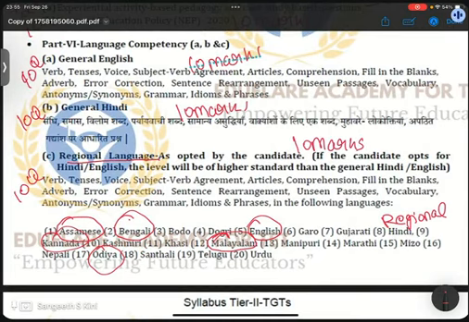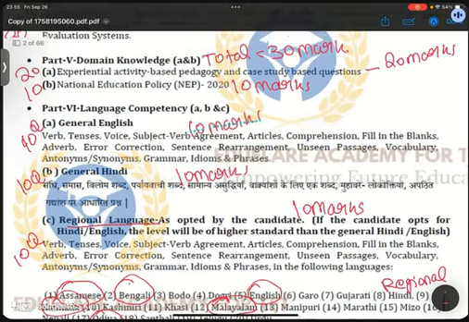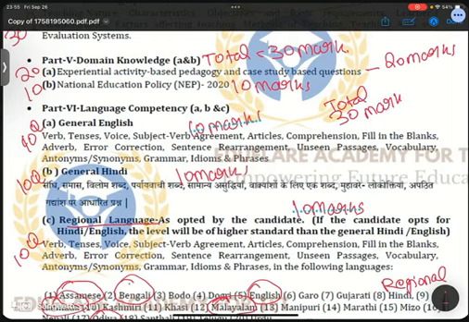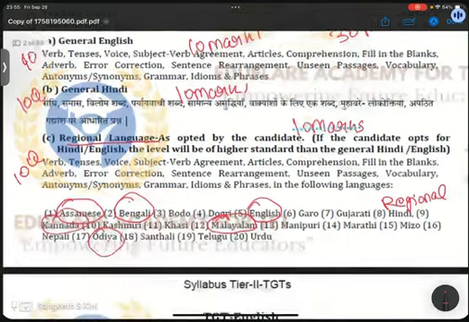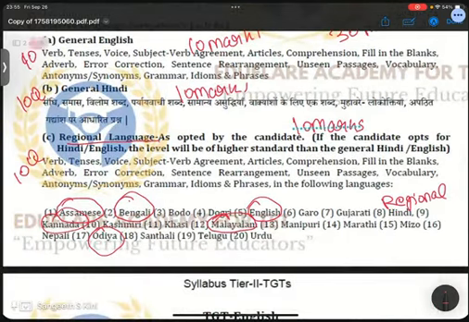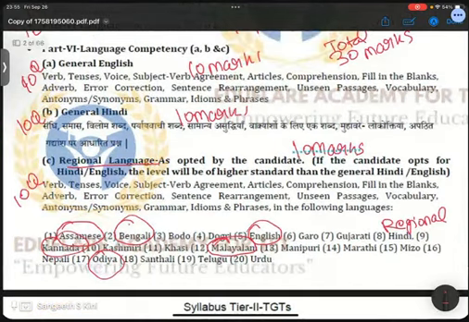So in TGT part 6 consists of 13 questions with a total of 13 marks. Here the advantage is you can choose your regional language in the TGT examination. In PGT there is no option to choose regional languages. That is the difference.